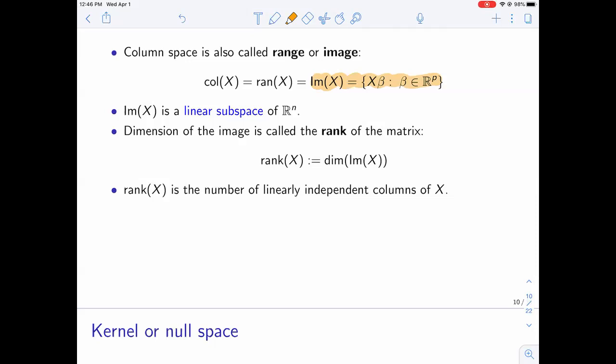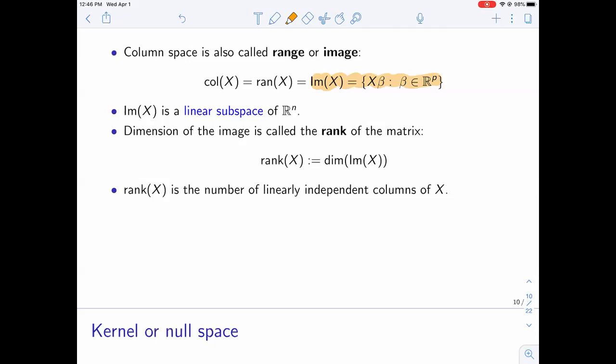Good, okay. So this is just a reminder then that the rank, one way of viewing it, is the dimension of the image or the column space of X. So the equivalent way of saying it is that it is the number of linearly independent columns of X. Because by definition, the columns of X span the image, but not all of these vectors are going to be linearly independent.